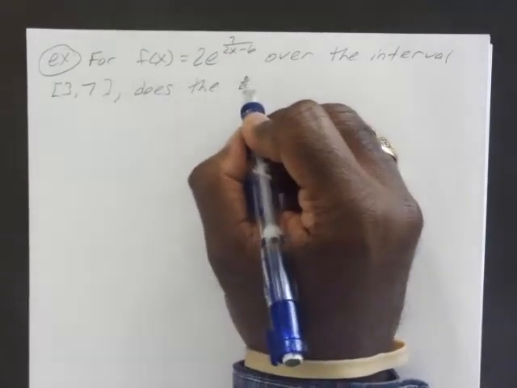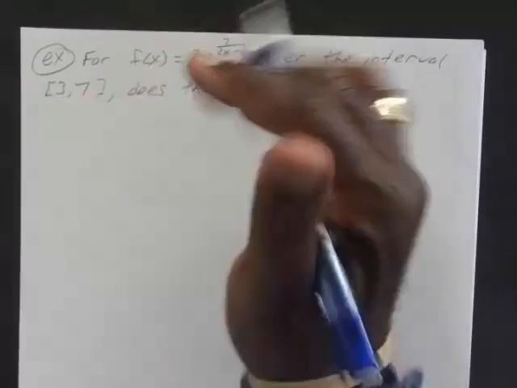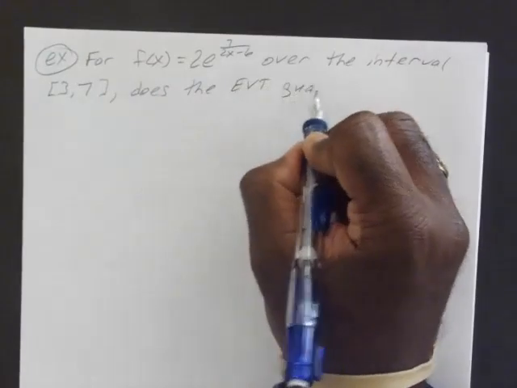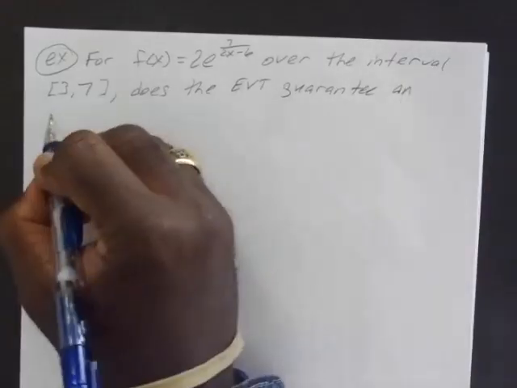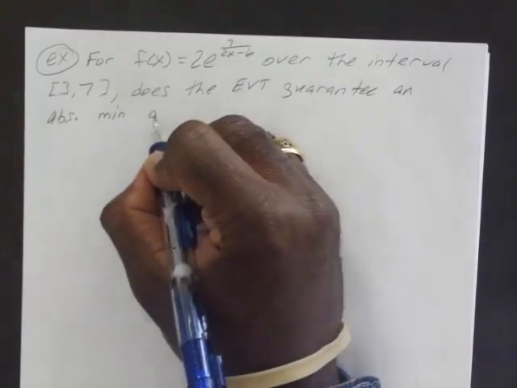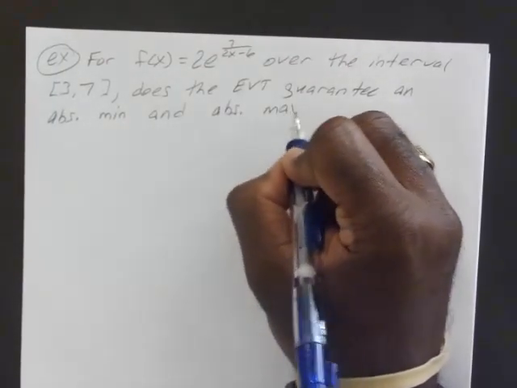Does the extreme value theorem guarantee an absolute minimum and absolute maximum?